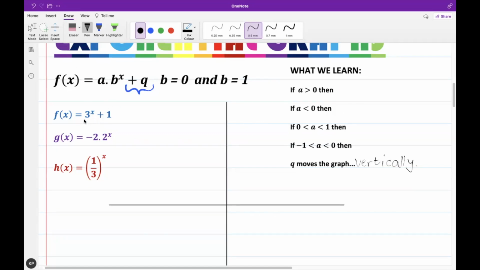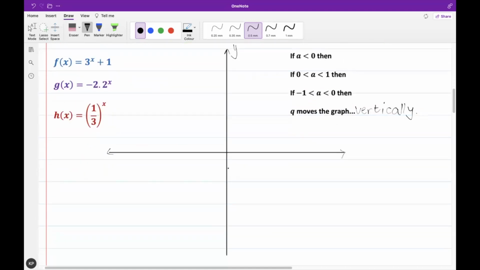The first equation we have is f(x) = 3 to the power of x plus 1. Now, just like your hyperbola, this graph will have an asymptote. If the graph has not moved at all, my asymptotes are always x = 0 and y = 0.